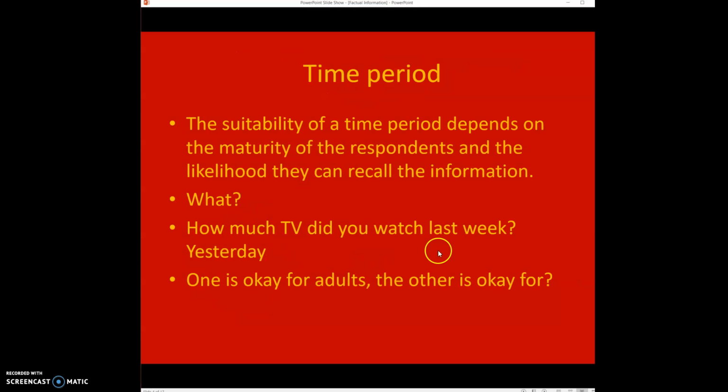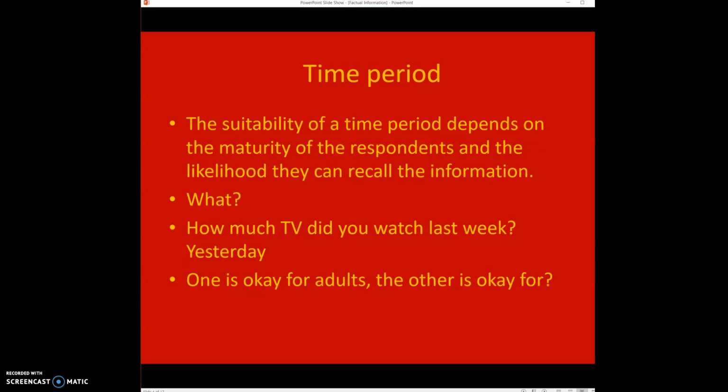An adult tends to be able to recall a time period of a week. Kids, especially elementary or junior high age, tend not to be able to remember time periods as well. So you want to ask them something more recent.